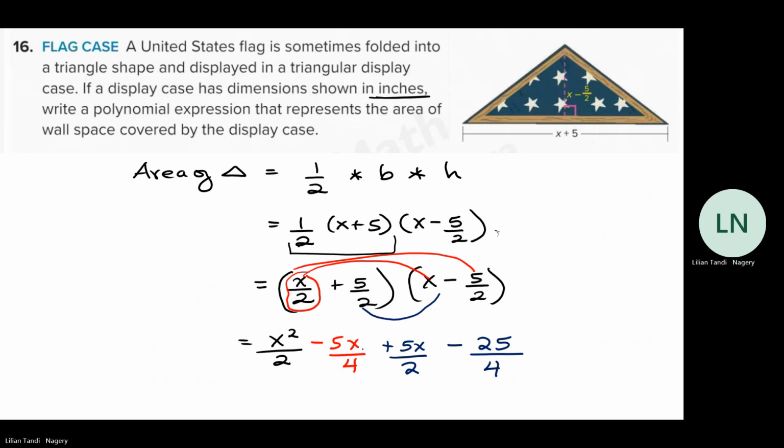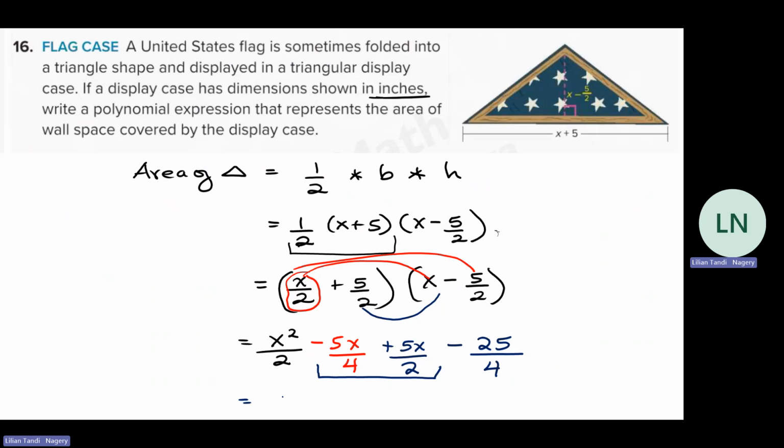Yes. But these are friends, but you need to add them now. You can add them using your calculator. So fraction, negative 5 over 4 plus 5 over 2. That should give you positive 5 over 4. Yeah. Oh, yeah. This is bigger than that.